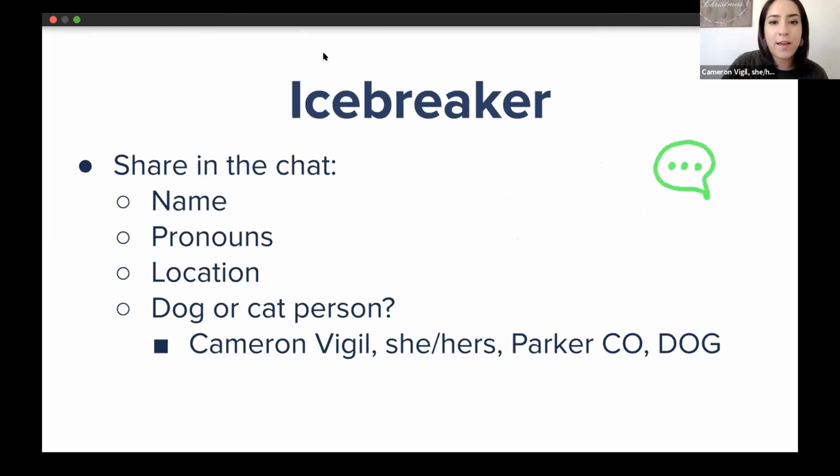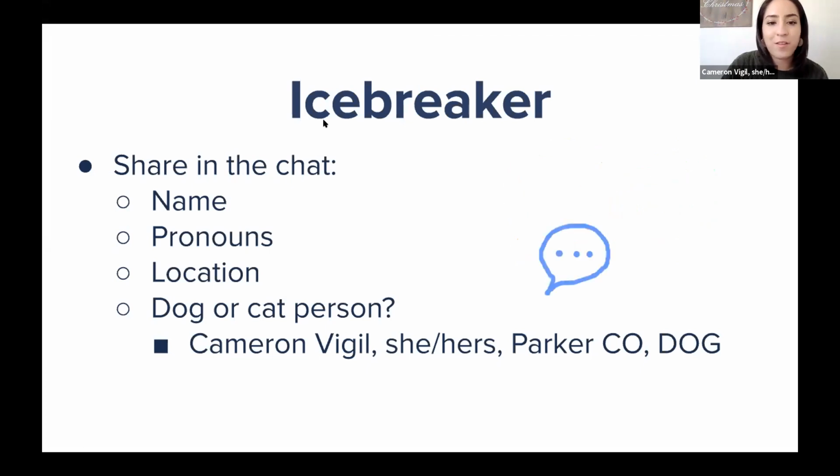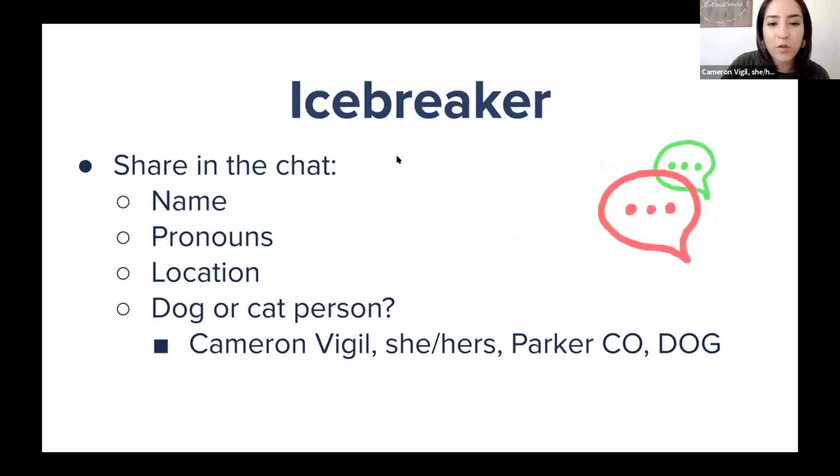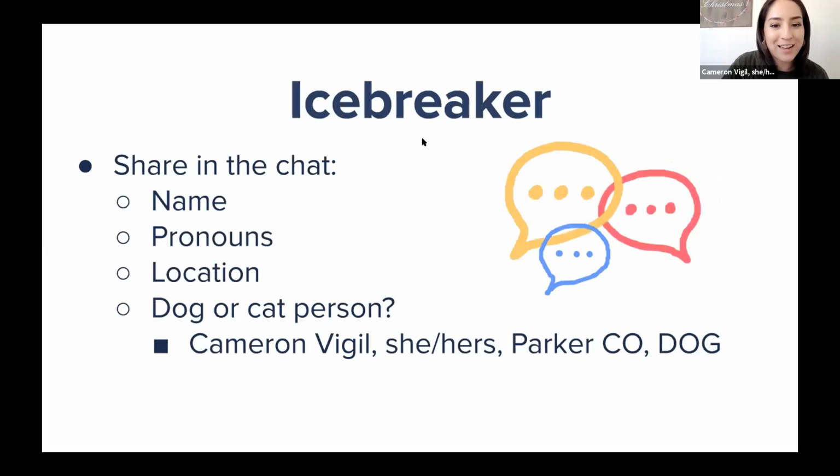All right, I think mostly everyone has shared something. So I'm going to read where folks are joining from and whether they're a dog or a cat person. So we got Denver, Lakewood. Someone said all animals, Longmont, dog, dog, dog, dog. We have someone from Frederick, Sterling. We got Cat Forever, Lakewood, both. We got folks from Pueblo. See lots of dog people, guys. Oh, we have someone from Arizona. Welcome.